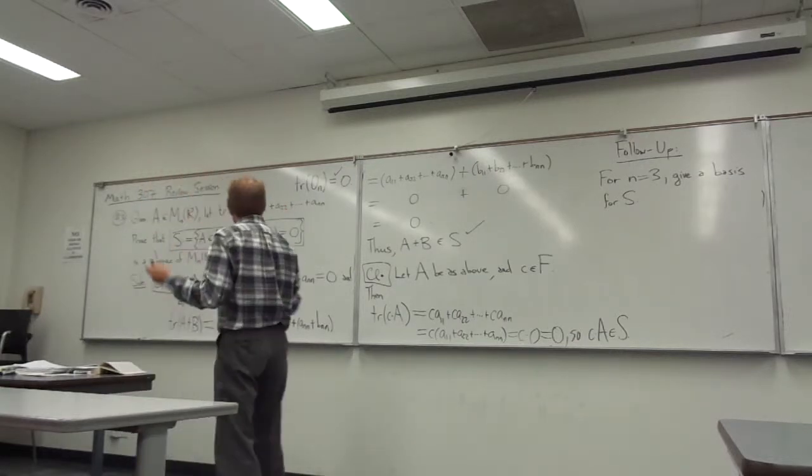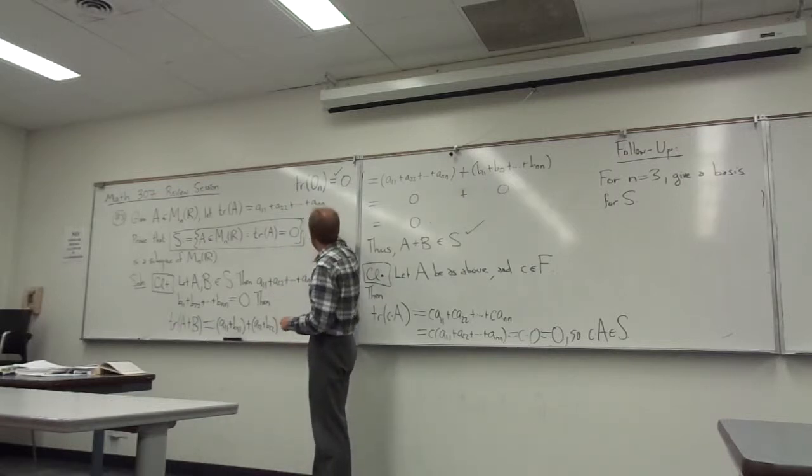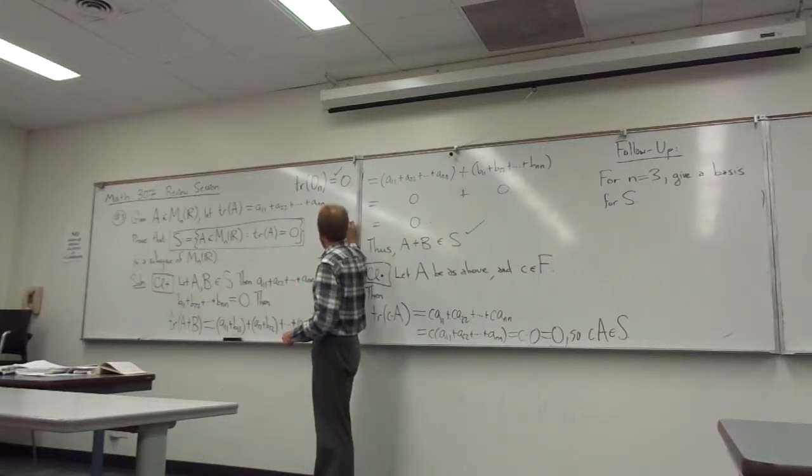Why is that? Well, because you can take any non-zero vector, we actually just did this, you scalar multiply it by 0, and what we proved is that that is equal to 0.